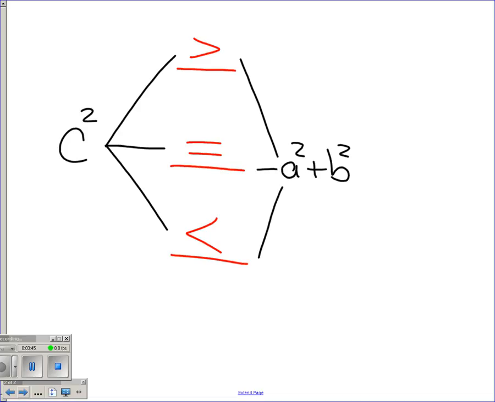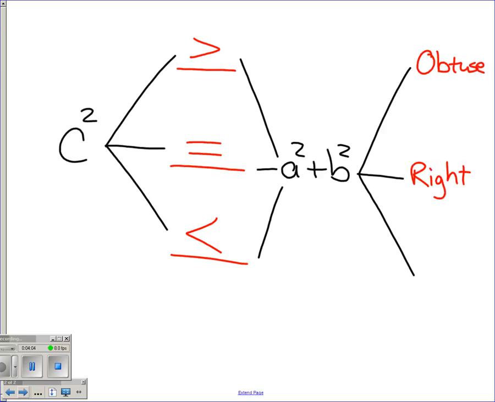Coming back to this, our 3 types of triangles are, in the case of greater than, obtuse. In the case of equal to, it's right. That's the Pythagorean theorem. And if it's less than, that's acute. So the middle one going straight across, C squared equals A squared plus B squared, is a right triangle.